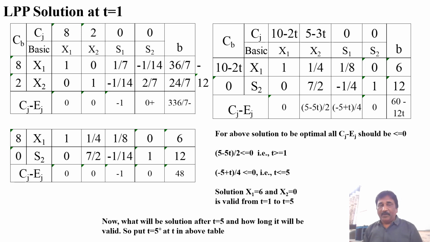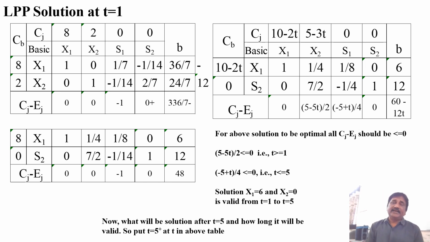But the profit per unit of product B, for which x2 stands, has reduced to 5 minus 3t, meaning it has reduced to 2. So our solution is of a kind that we will be producing units of product A but not units of product B. We will let some capacity go waste. So the optimal solution, all in all, is x1 equal to 6, x2 equal to 0, as you are seeing here.